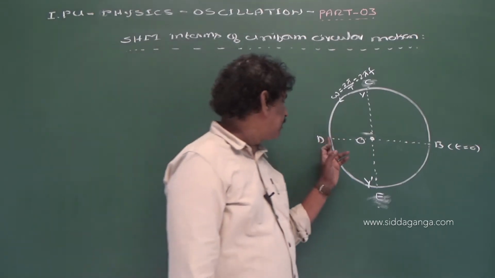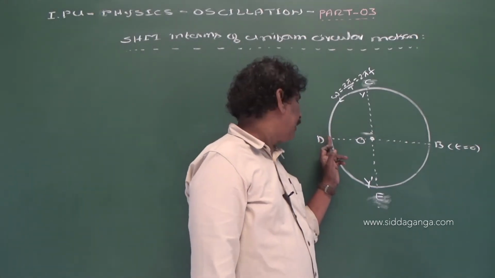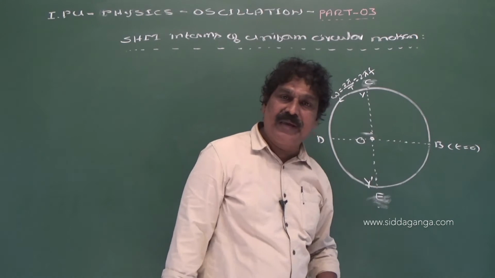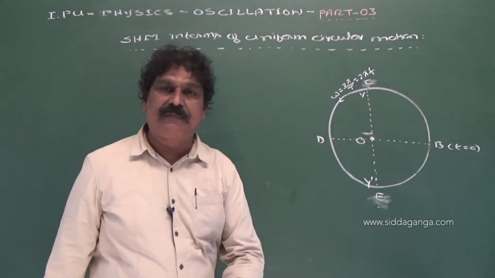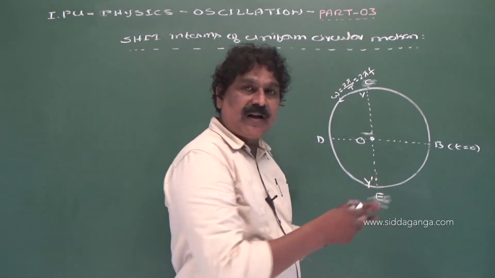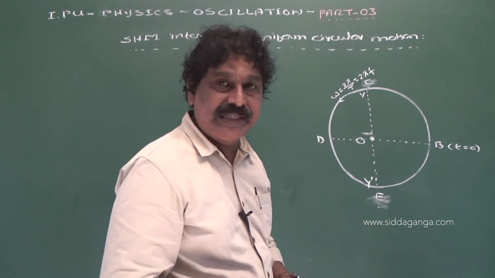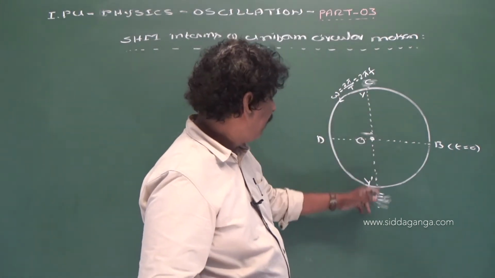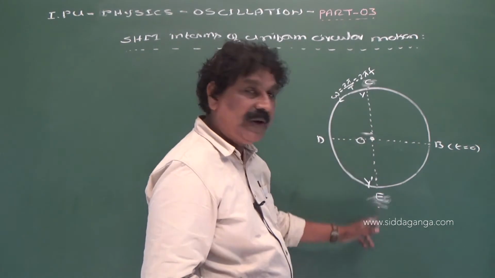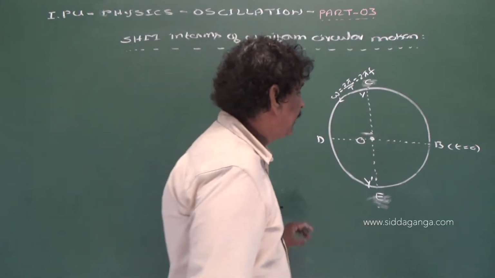This diameter can also be drawn along DOB. DOB is also one of the diameters. Now for our simplicity, we will take YOY dash or COE, it is a diameter.